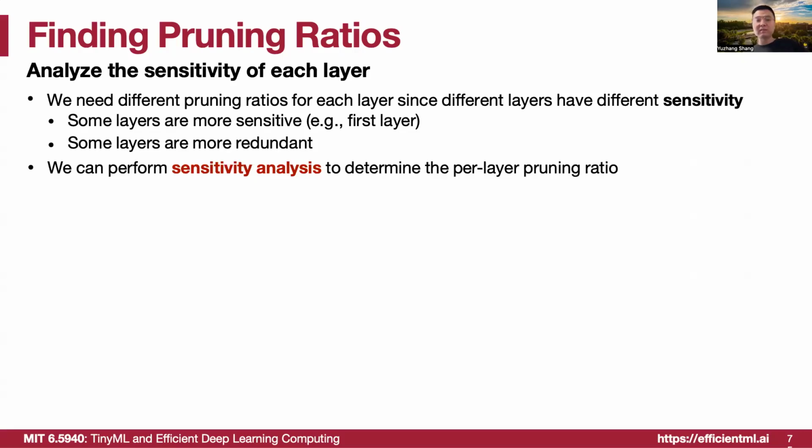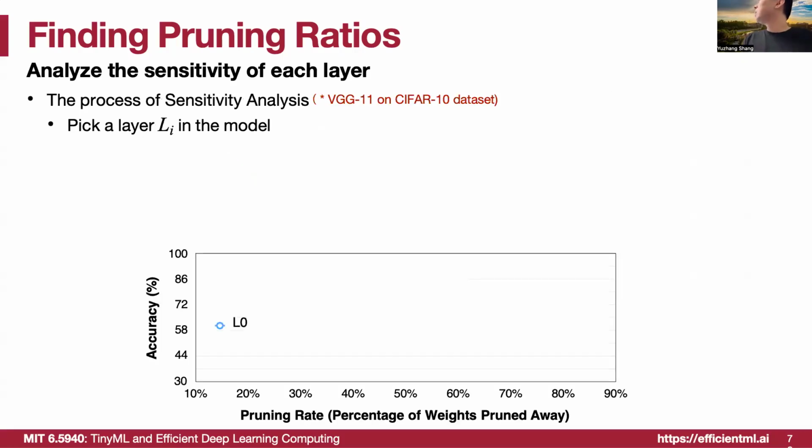This is work from several years ago. We use the VGG neural network on the CIFAR10 dataset, and we pick the layer Li in the model. For example, this is the zeroth layer, the first layer in the neural network, and the performance is like this.